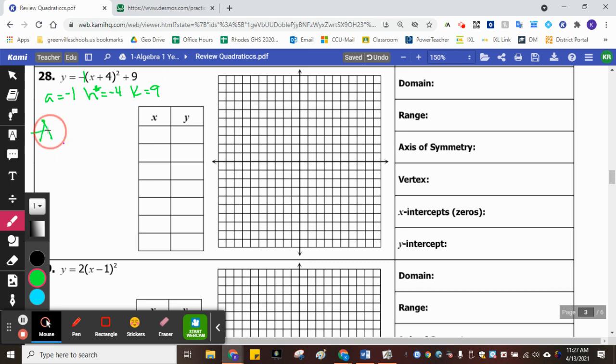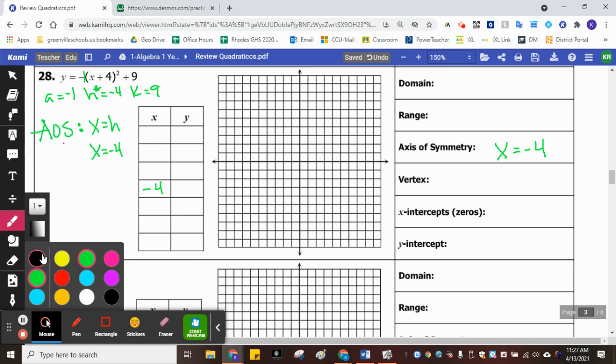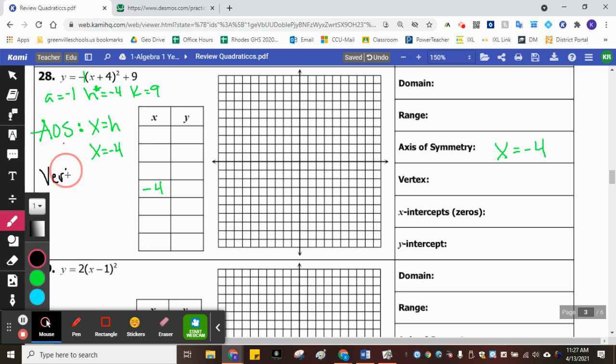If you're trying to find the axis of symmetry, vertex form is the easiest because it's just x equals h. And we already found that. So x equals -4. And then your vertex. This is called vertex form because it's easy to look at the equation and see the vertex.